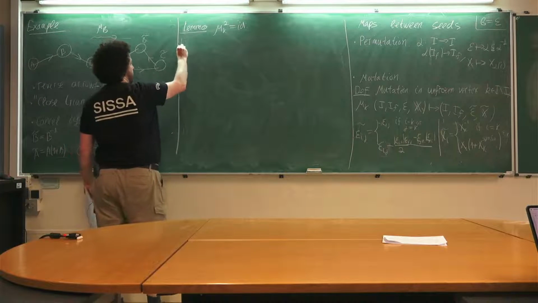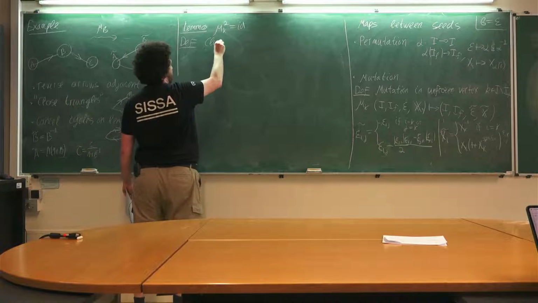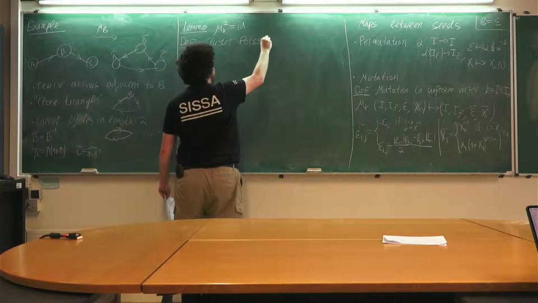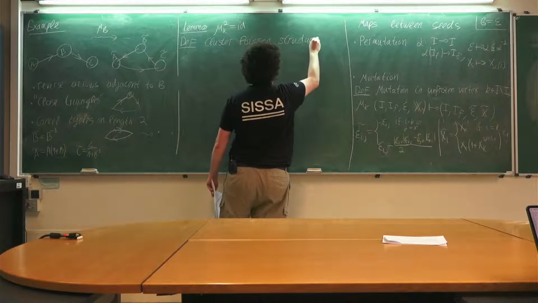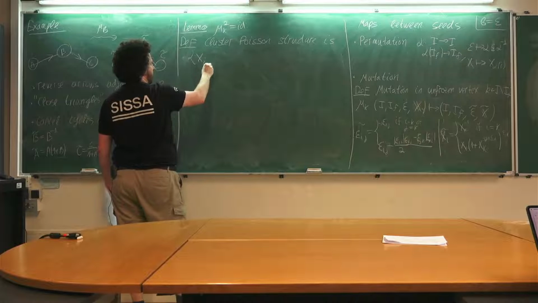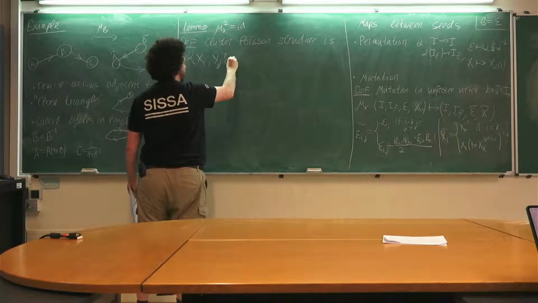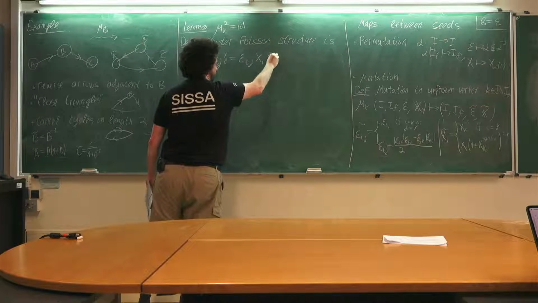So, definition: a cluster Poisson structure is a Poisson bracket of xi, xj equal to epsilon ij xi xj.